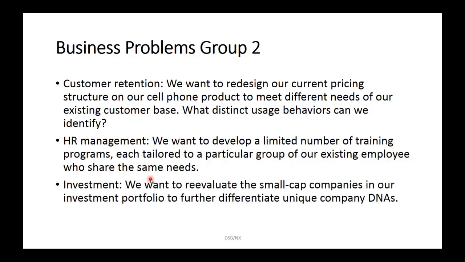Investment. We want to reevaluate the small cap companies in our portfolio to further differentiate unique company DNAs among them. Now pause the video and spend a few minutes thinking of business problems that you consider as an example of business problem Group 2.